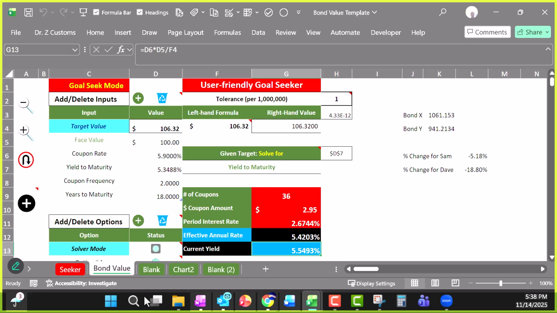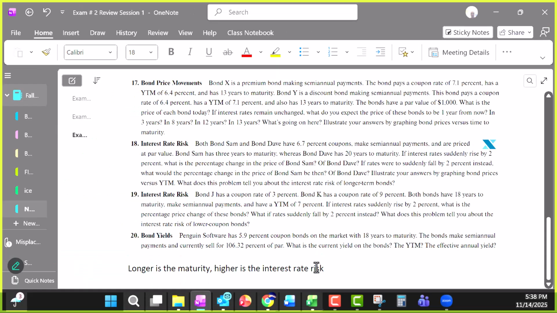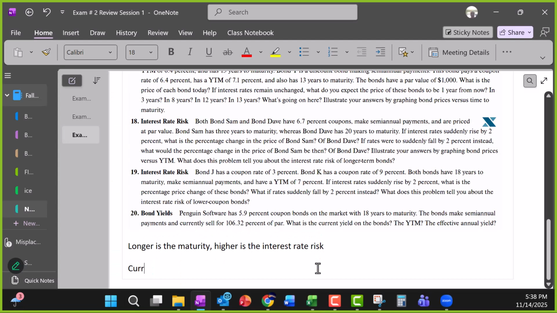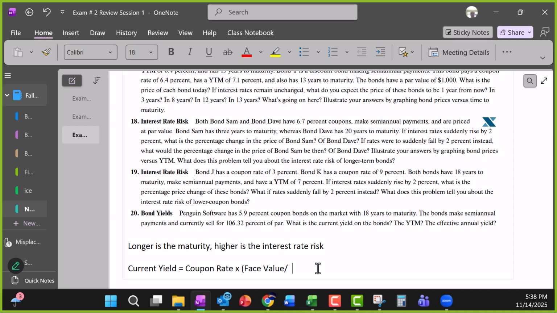Current yield is basically, let me just write it down: coupon rate times face value divided by price of bond.